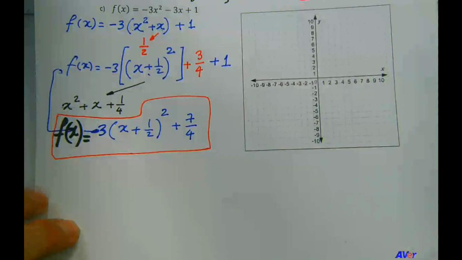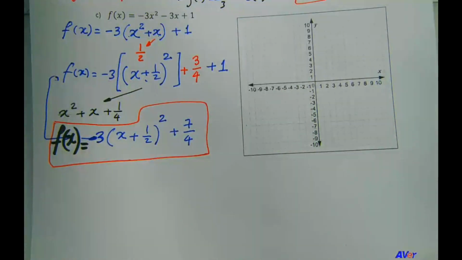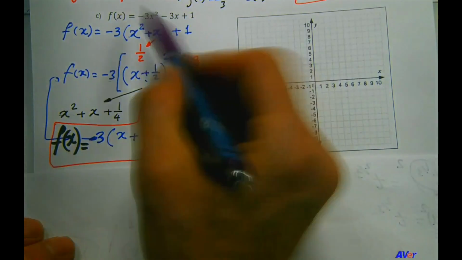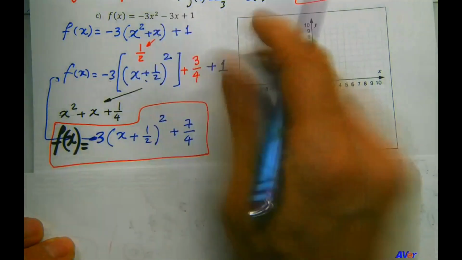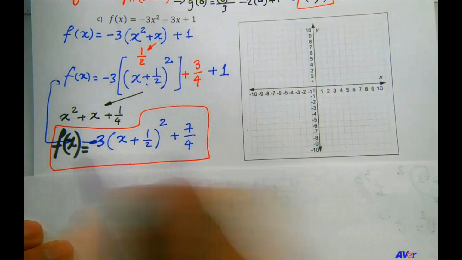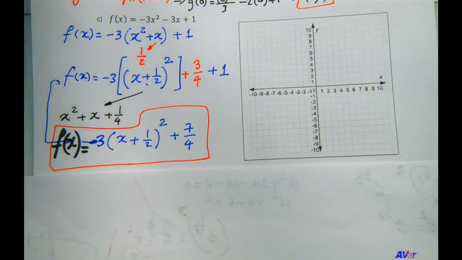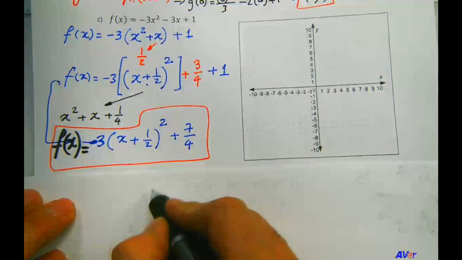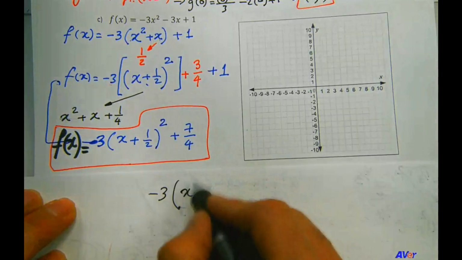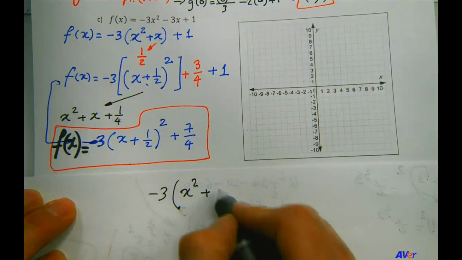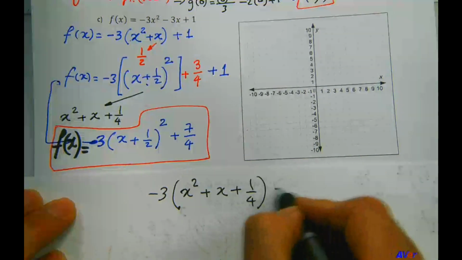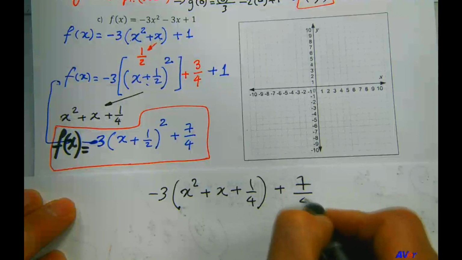So let's test this. Let's expand this and see if we're going to get this expression, what we started with, minus 3x squared minus 3x plus 1. Let's expand all of this to see if we're going to get that. Okay, I'm going to expand this by saying minus 3 times all of this expanded, x squared plus x plus 1 over 4 plus 7 over 4, right?